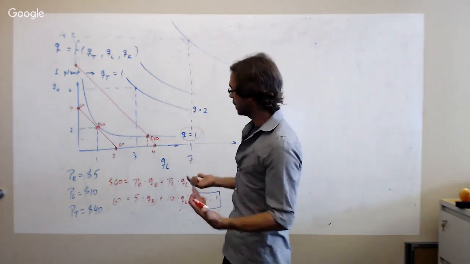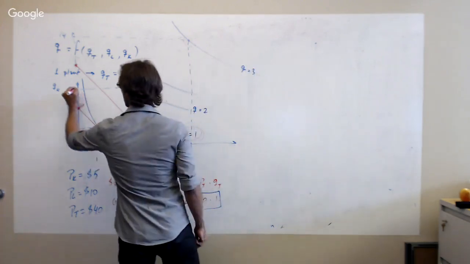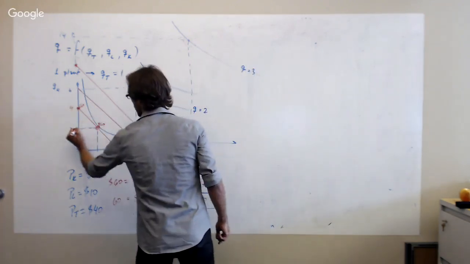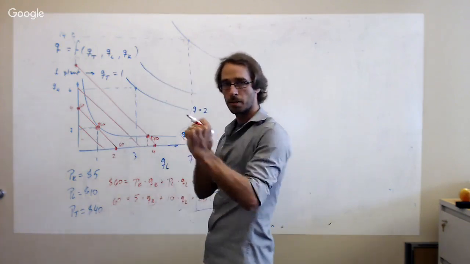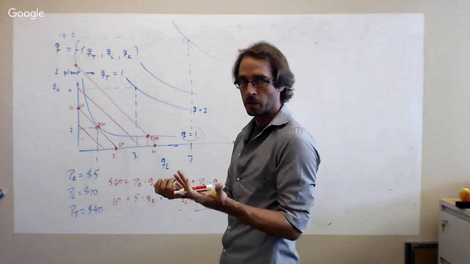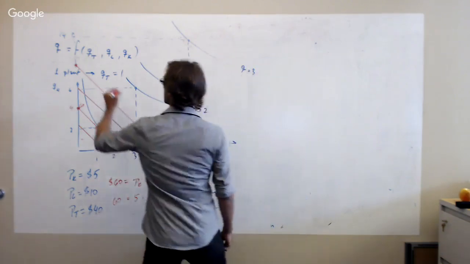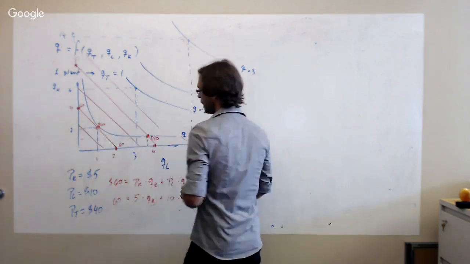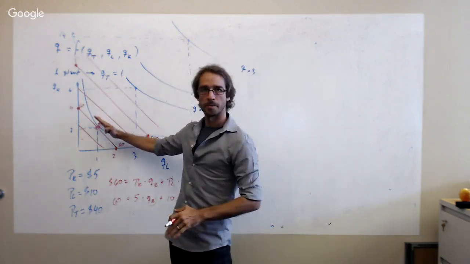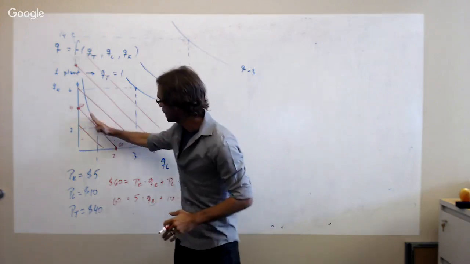And so what you're trying to do, if you draw a bunch of these iso-cost lines, they're all going to be parallel because the prices of capital and labor don't change, just the quantities, is to get on the lowest possible cost line while staying on the same isoquant.